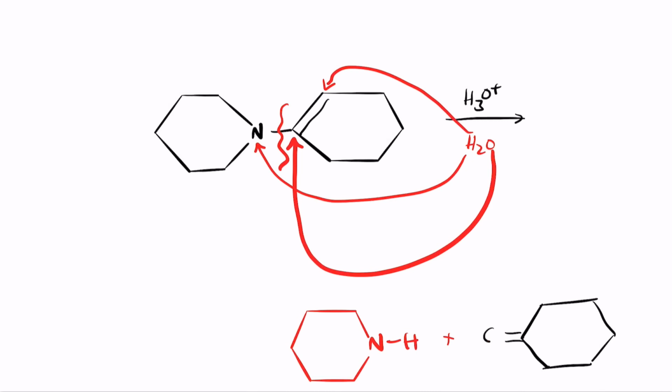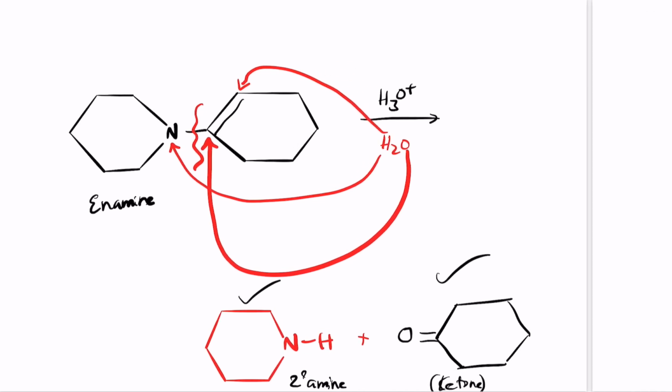You get a double bonded oxygen. So these are the two products that you get here. Notice that you started with an enamine, so that's why you get a secondary amine and a ketone. So this is the reaction for enamine hydrolysis in this process.